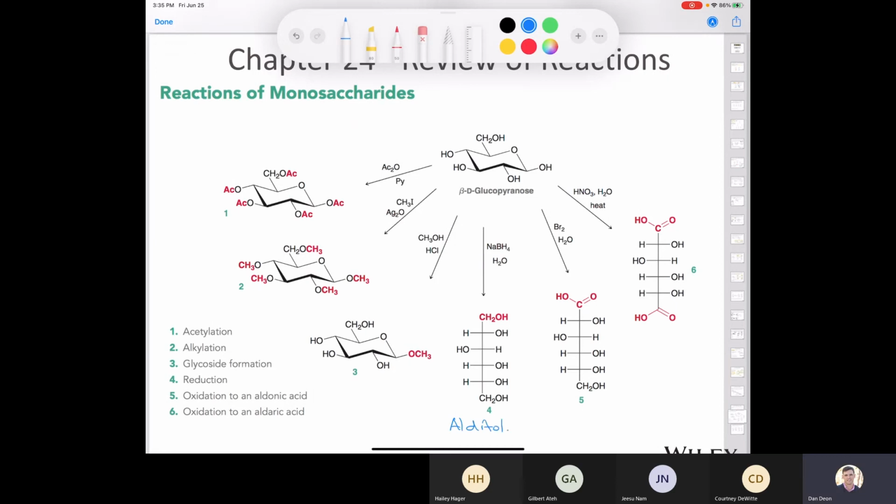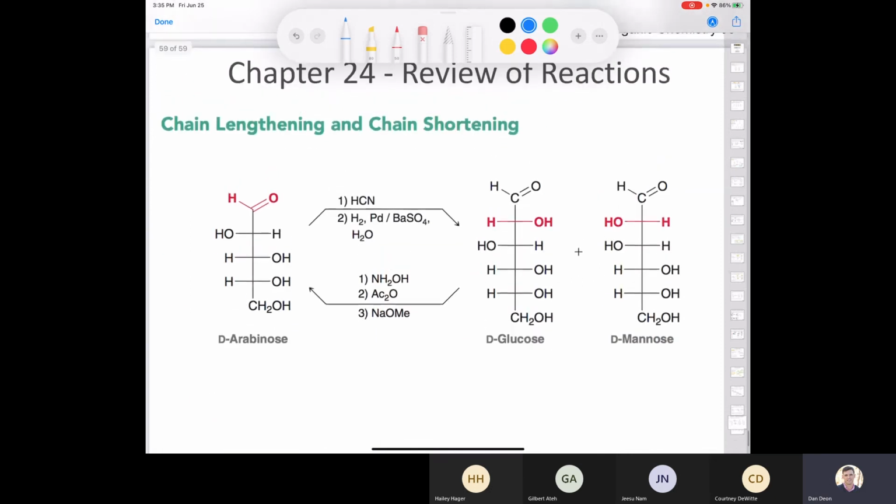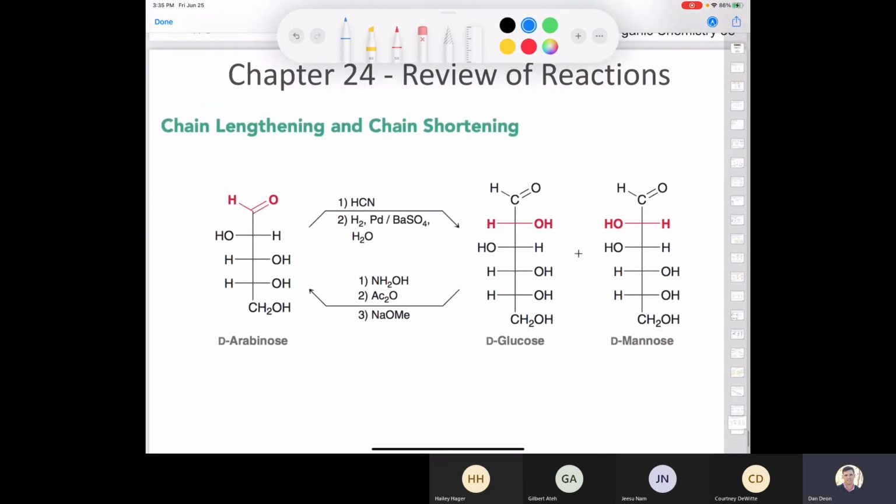Then we talked about oxidation using bromine and water at a pH of around 6 to make an aldonic acid. So we have our aldonic acid. And then you can use stronger oxidation conditions to make an aldaric acid. What else did we talk about? Is there more? Yeah, we talked about chain lengthening.